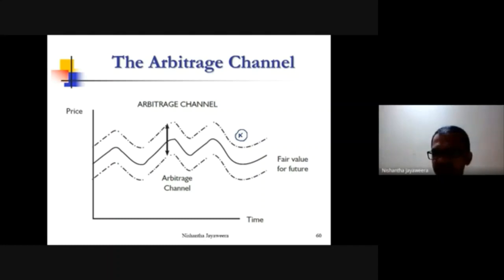When you sell the futures contract, the price of the futures contract will go down. Meanwhile, the underlying asset price will go up. Then the fair value of the futures contract will start to go up, the market value of the futures contract starts to go down, and ultimately they will come into the channel. In a perfect market, this would happen very fast.